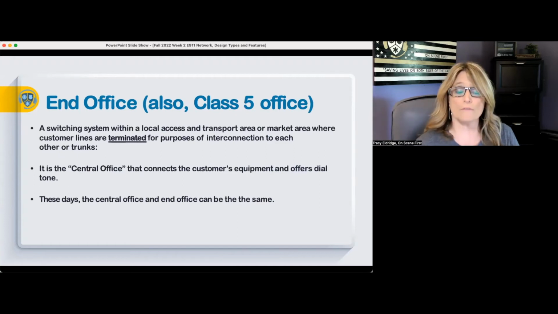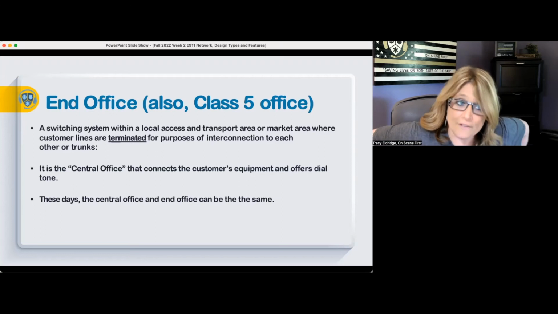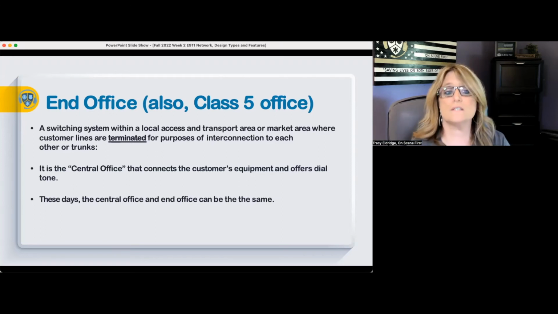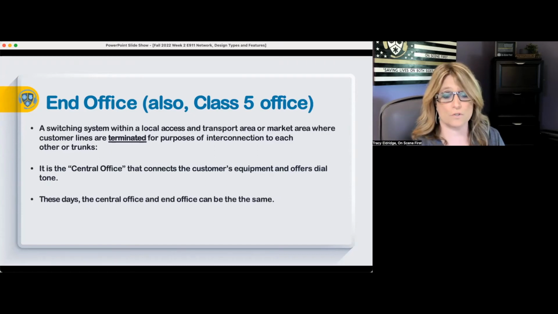So a little bit more information about the end office. It is a switching system within a local access and transport area, or market, whichever they want to refer to it as, where a customer's lines are terminated for the purpose of interconnection to each other or other trunks.